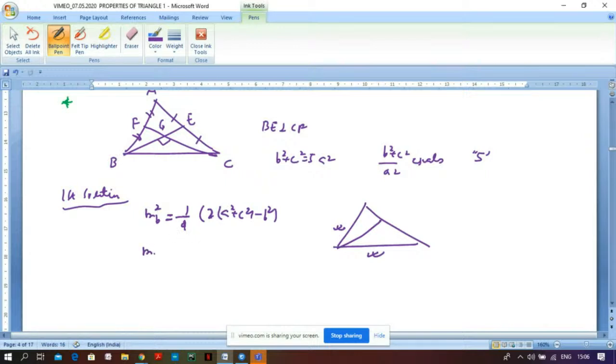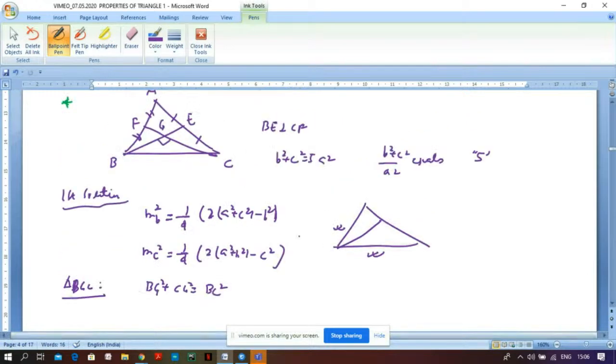Similarly, I can change the role and find mc squared, that is 1 over 4 times 2 times a squared plus b squared minus c squared. So that is your median length governed by these equations, the squares of the medians mb squared and mc squared. Now triangle BGC is a right angle triangle. I can use the Pythagorean theorem: BG squared plus CG squared is BC squared.